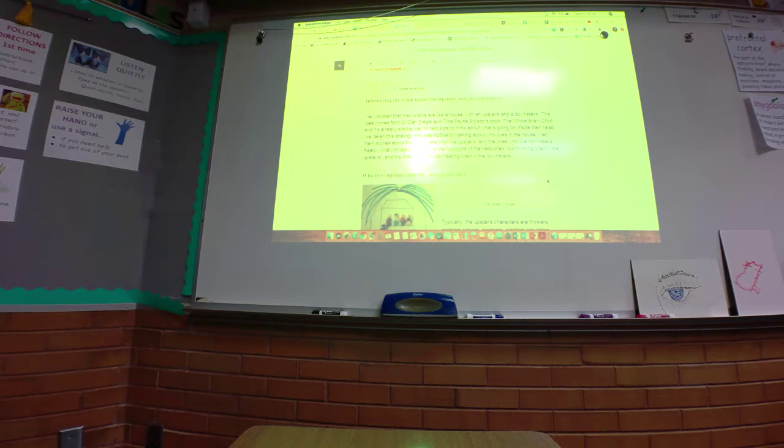I've taken this analogy one step further by talking about who lives in the house. I tell them stories about the characters who live upstairs and the ones who live downstairs. Really, what I'm talking about are the functions of the neocortex, our thinking brain, the upstairs, and the limbic system, our feeling brain, the downstairs.